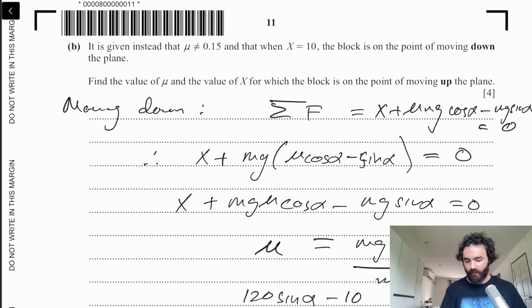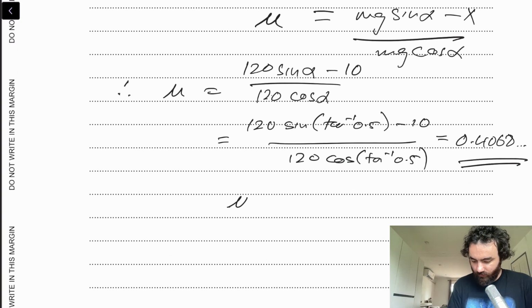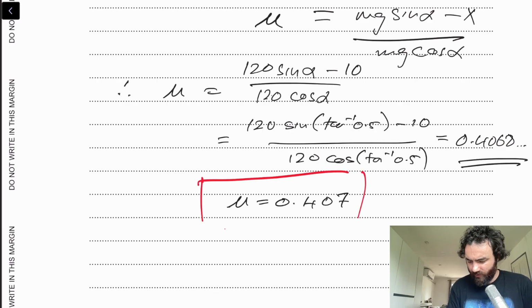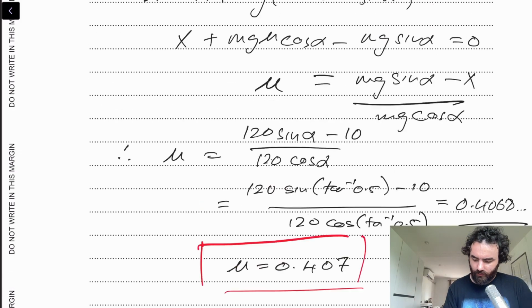I guess we'll round it. So mu equals 0.4067. I don't know how many significant figures they require in this paper.